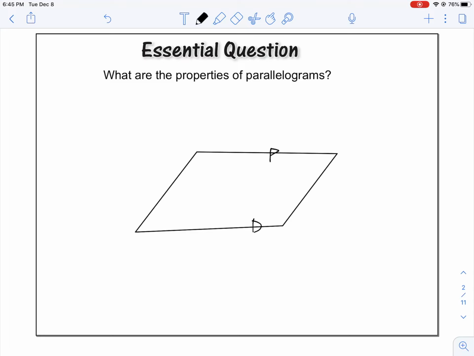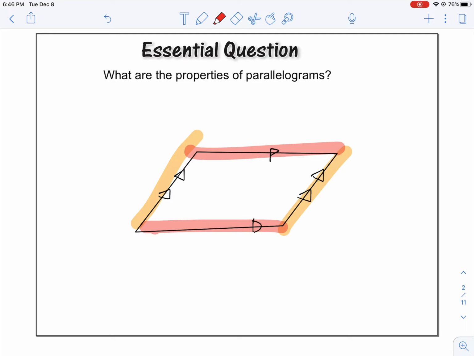So these sides are parallel, and these sides are parallel. So that's the definition of a parallelogram. A quadrilateral with both pairs of opposite sides parallel. And these are your opposite sides, meaning they don't touch. So the orange are opposites, the reds are opposites.